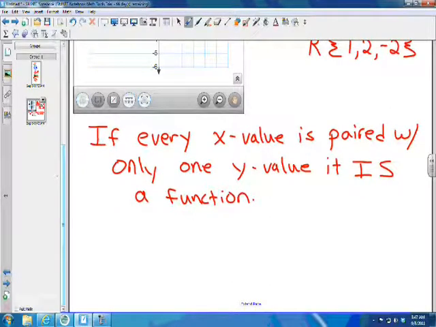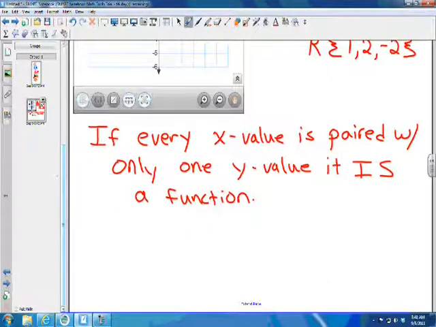Okay? If every X value is paired with one and only one Y value, it is a function. So looking there at page 58 and the top of page 59, I'll show you how to do those in your homework. There won't be a whole lot of writing on your homework. You're basically going to list the domain and the range and then say whether it is a function or not.